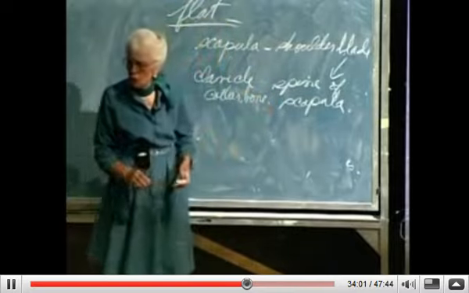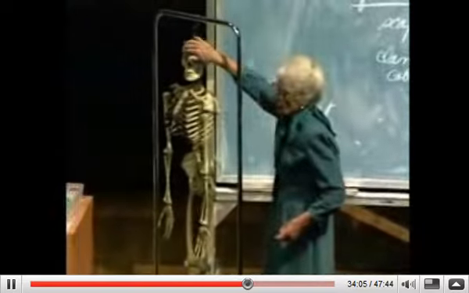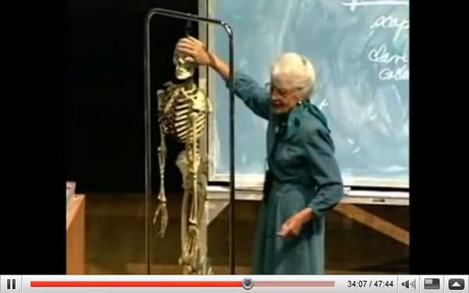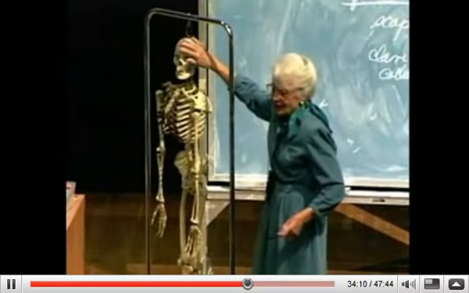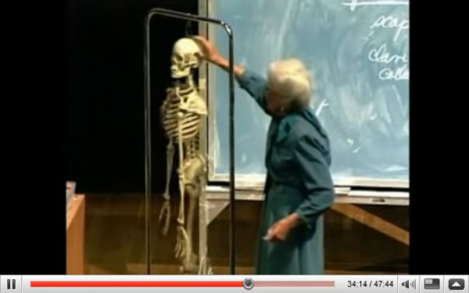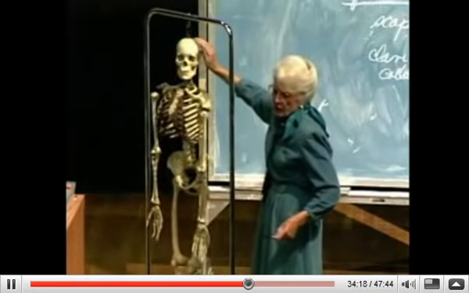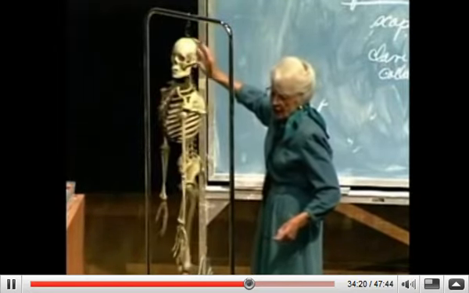Then I'll give you two more that are in the skull. The one that's in front, what are you going to call the bone that's in front? Frontal bone. Don't always look for it hard. It can be easy. Frontal bone. Now, what do we call the wall of the skull? Parietal.